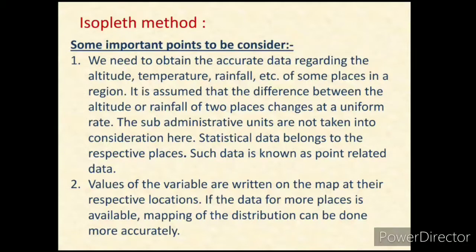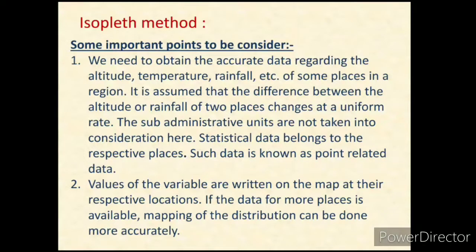The sub-administrative units are not taken into consideration here. Now in the previous choropleth map we have seen the sub-administrative divisions were given equal value, for example Amravati. But here in this method the sub-administrative units are not taken into consideration.